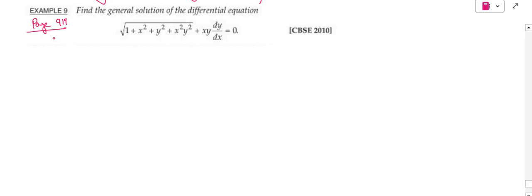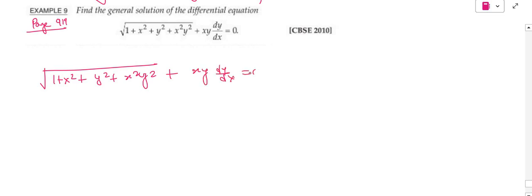Okay. So, in order to solve it, let me try if I can factorize it. So 1 plus x squared, y squared, x squared plus y squared, xy, dy by dx. Here can I take 1 common? So 1 plus x squared. Here can I take y squared common? Correct?